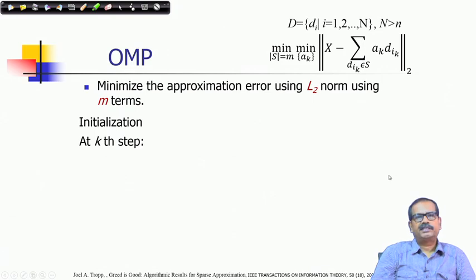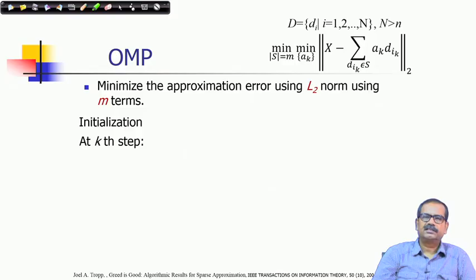In orthogonal matching pursuit algorithm, we take care of that factor, so that the elements of the dictionary do not appear repeatedly. Because we will be performing a least square estimation, your residue will always be orthogonal to the selected set of dictionary atoms. That is the property we can ensure by doing least square error estimation.